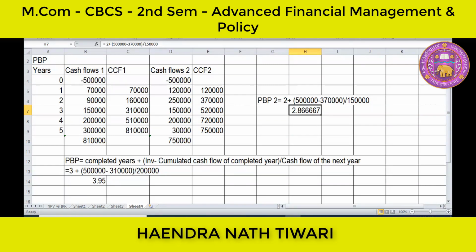Now 2.86 years is much lesser than 3.95 years. And therefore, you may end up saying project 2 is better as compared to project 1.